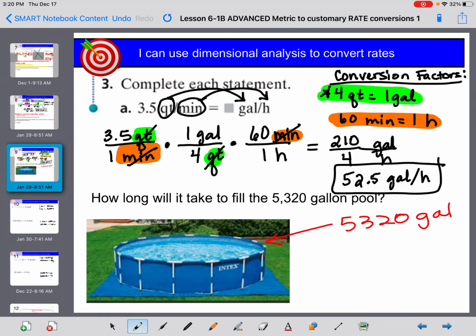What if you have a 5,320 gallon pool? How many hours would that take to fill if your hose puts water in this pool at a rate of 52.5 gallons every hour? You would have to take 5,320 gallons and divide it by 52.5.